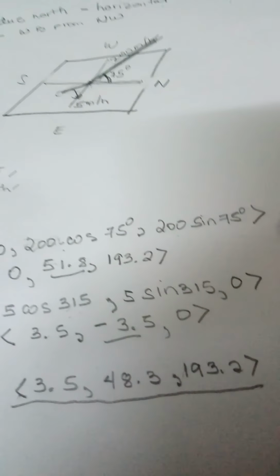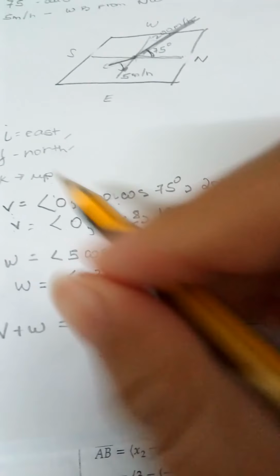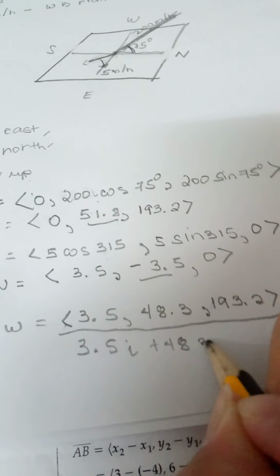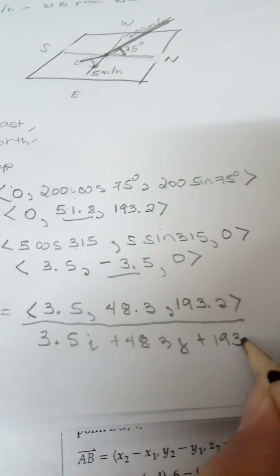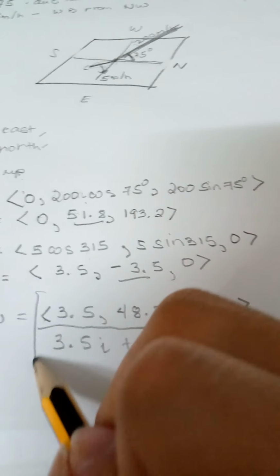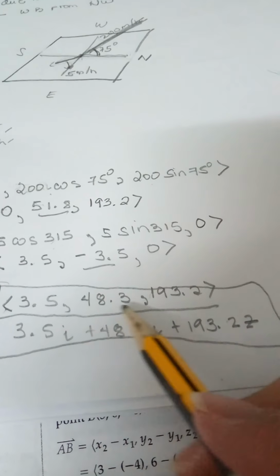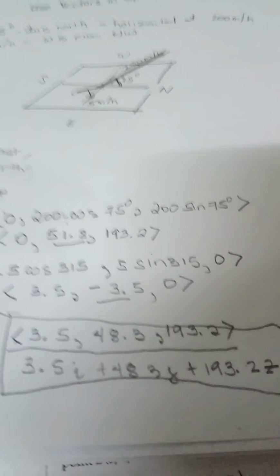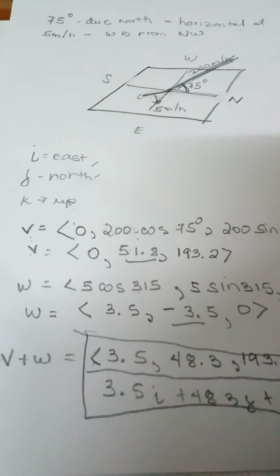If you want to rewrite this as a linear combination, it can be written as 3.5 i, where i is east, plus 48.3 j, where j is north, plus 193.2 k, up. So these are the possible answers. It can be written as a vector, or as a linear combination of i, j, and k. I'll erase this. We indicate up as k.